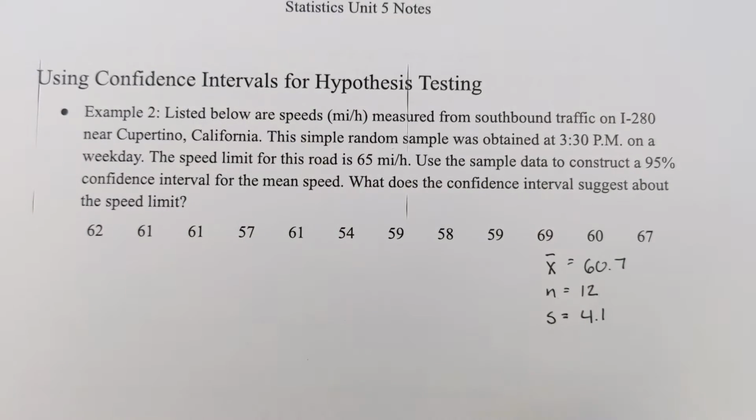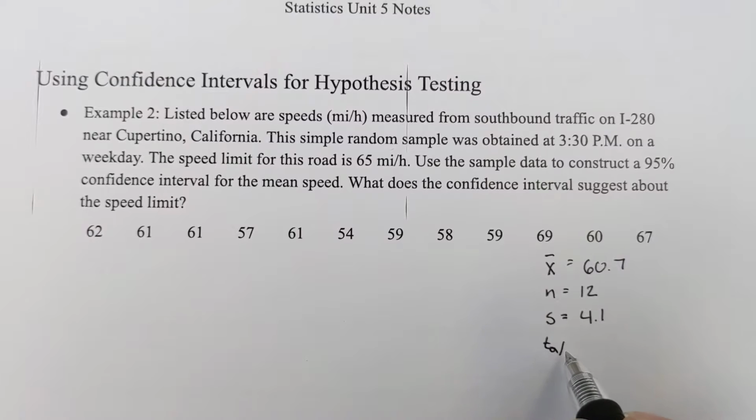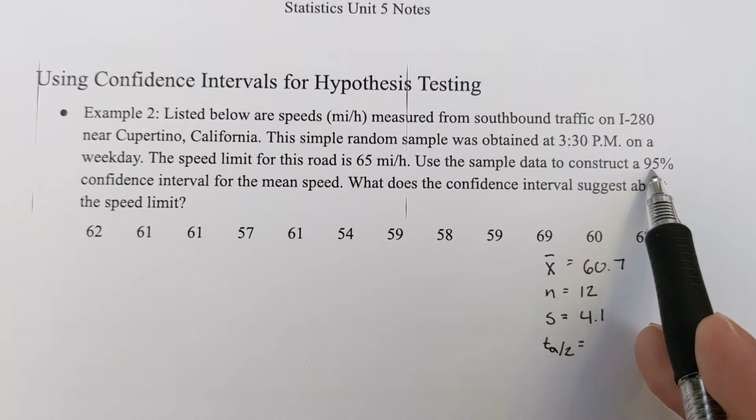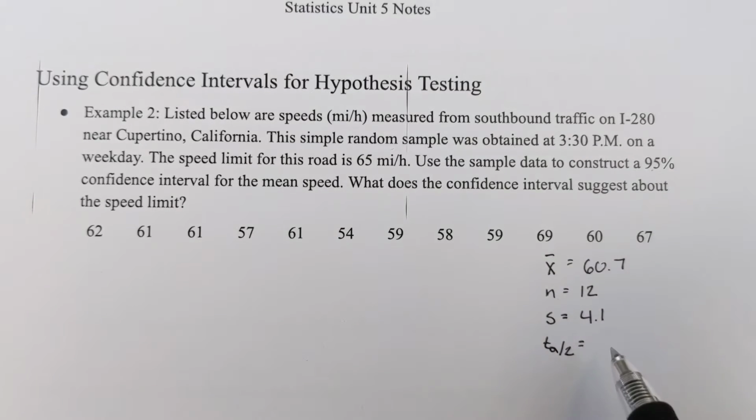So since N is 12, we need one other thing. We need our t-value. Now, I'm not going to look it up again, but since we're doing a 95% confidence interval and we have 12 measurements, that's actually the same thing from example 1. So our t-value is 2.201.